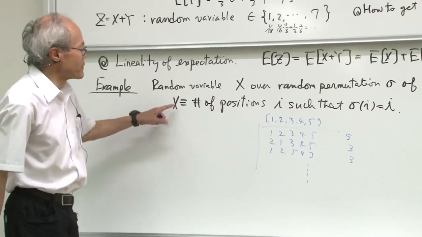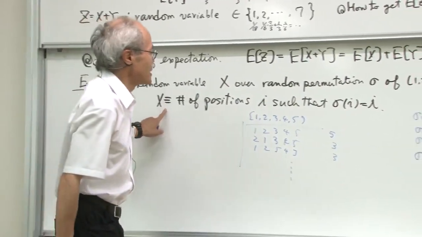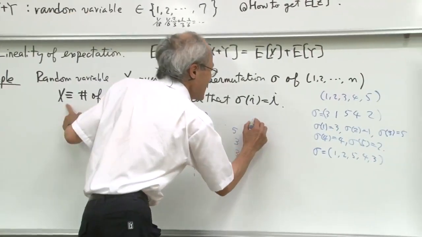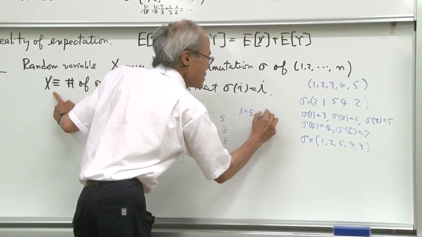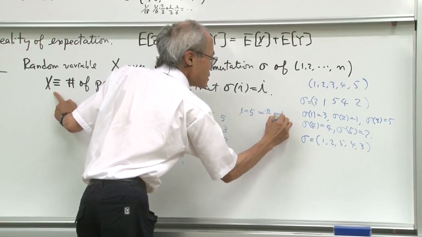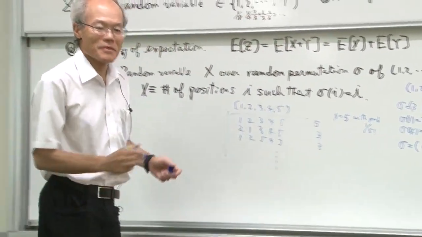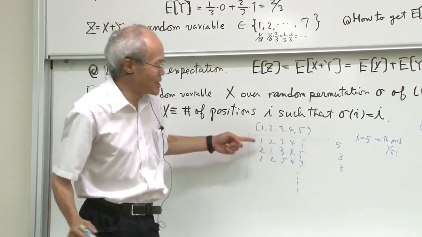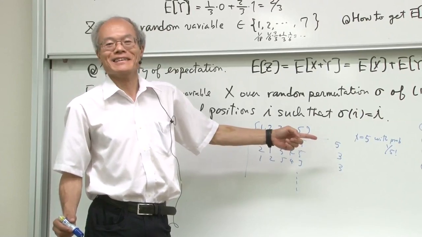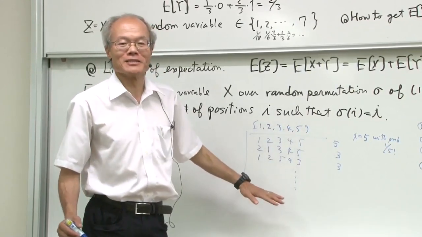Now x is equal to 5 with probability 1 over 5 factorial, because all the same is only this one permutation, and we have 5 factorial permutations.